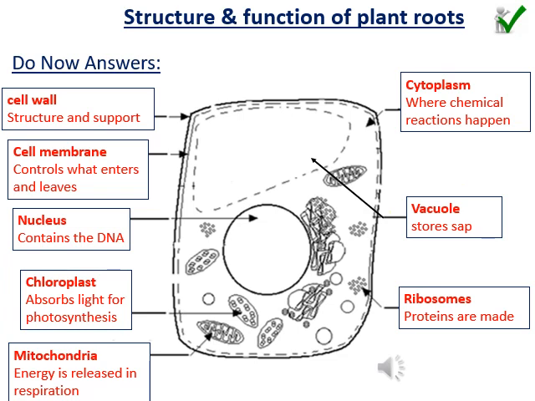If you didn't, then I've put it into the simplest terms possible, and I've said that is where proteins are made. So you can add that extra note so it helps your understanding further. So pause the video for as long as you need to improve your answers, and that is how you correctly label a typical plant cell.